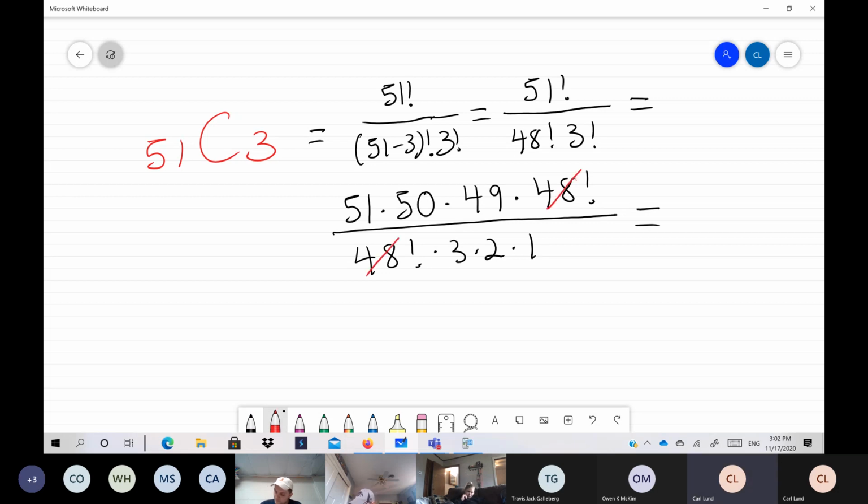We can do some canceling here. 2 goes into 50 25 times. 3 goes into 51 also, because 5 plus 1 is 6, and 3 divides 6. So 51 divided by 3 is 17, so 3 goes into 51 17 times.